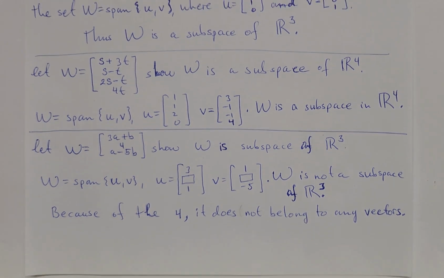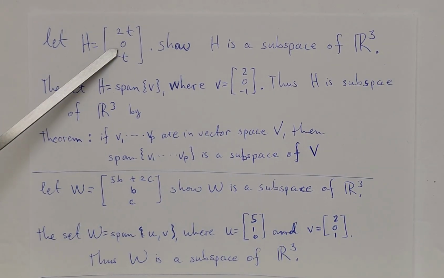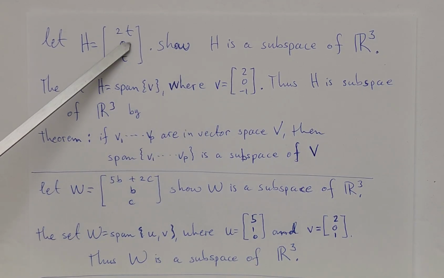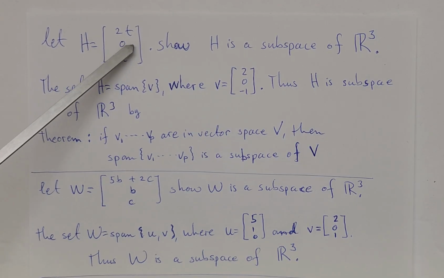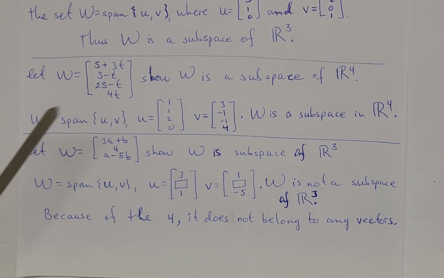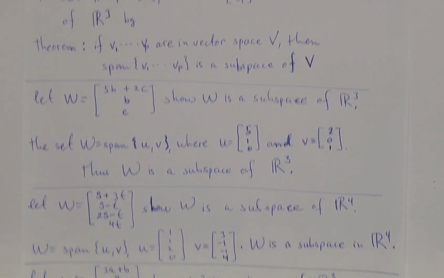Now be very careful here, and I know you will ask, how come there's a 0 here? How come this is an element? Now think of this, assuming that there's a T right here, so it's okay. If a 0 is right there, then it is okay, because you can have 0T. But over here, in the last example, there is no variable. It's just a 4, so you cannot have that. That 4 doesn't belong to any of the vectors.